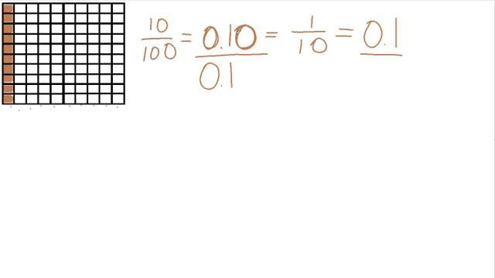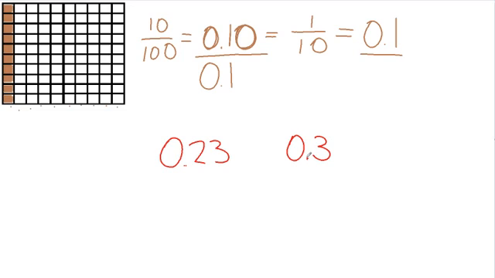Sometimes people will use this information to convert tenths into hundredths to help them compare fractions and or to add fractions. So let's do some comparisons. Let's say we're comparing 0 and 23 hundredths versus 0 and 3 tenths.